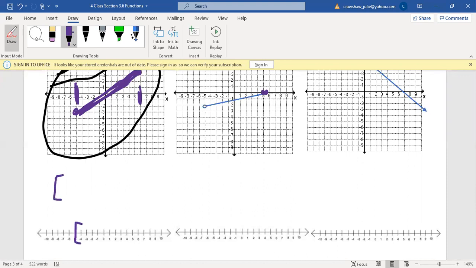So we say a bracket -5. That's my very first x value that's on the segment. And then it goes all the way to 6, and it's a solid dot at 6, so it includes it. And it's everything in between.